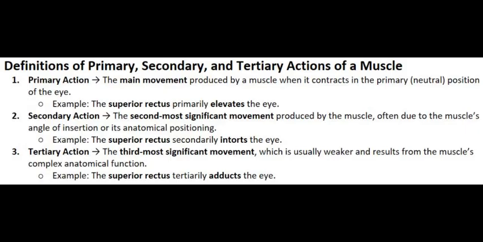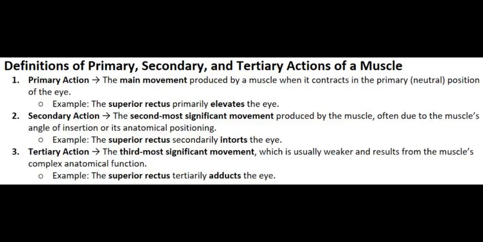Basically, it inserts at about 23 degrees. So that angle causes it to create some sort of intorsion. So the secondary action, due to the angle at which the muscle is inserted into the eye, is intorsion. And then the third action of the superior rectus muscle is adduction. Basically, it pulls the eye inside.